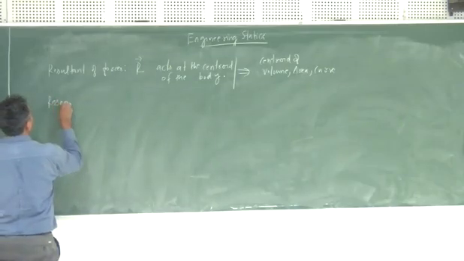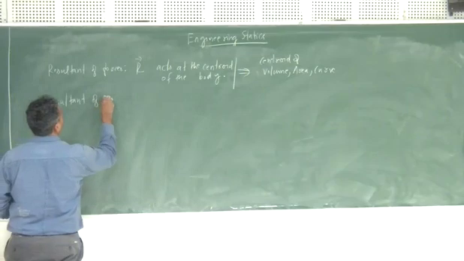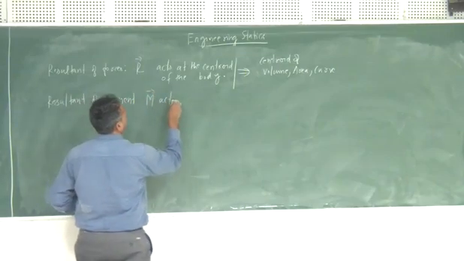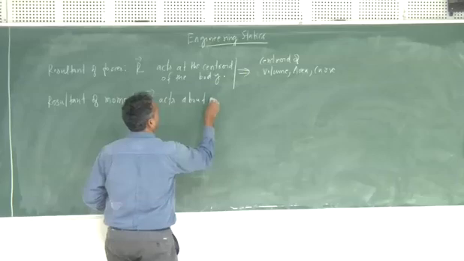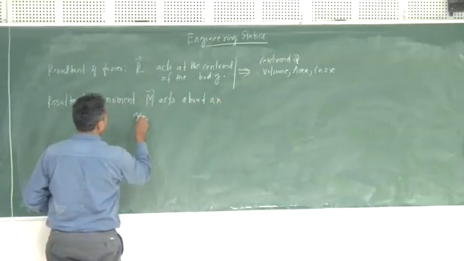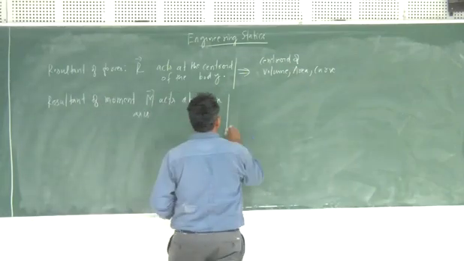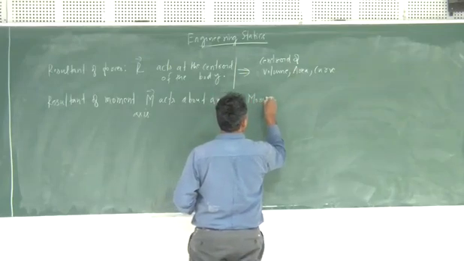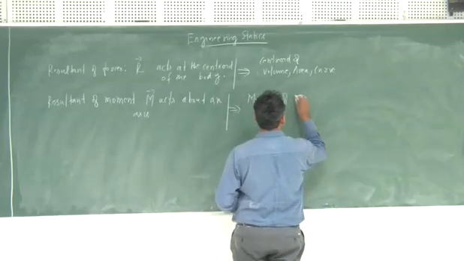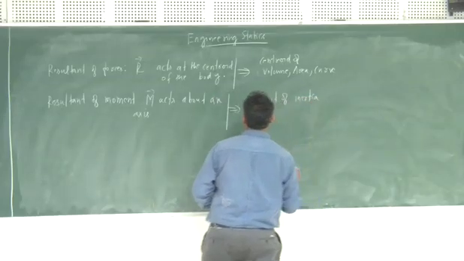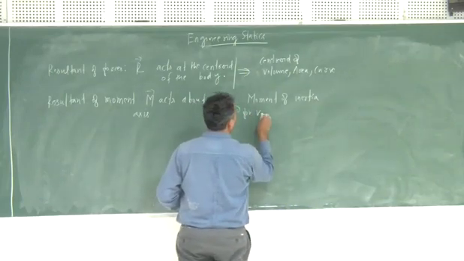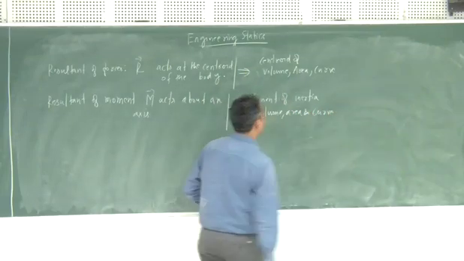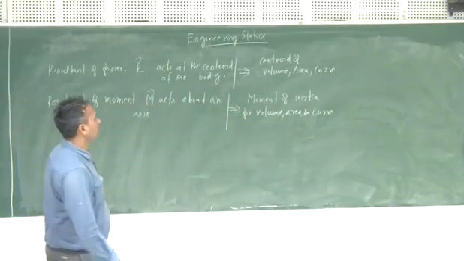the resultant of the moment about an axis, that we need to find out, the moment of area.